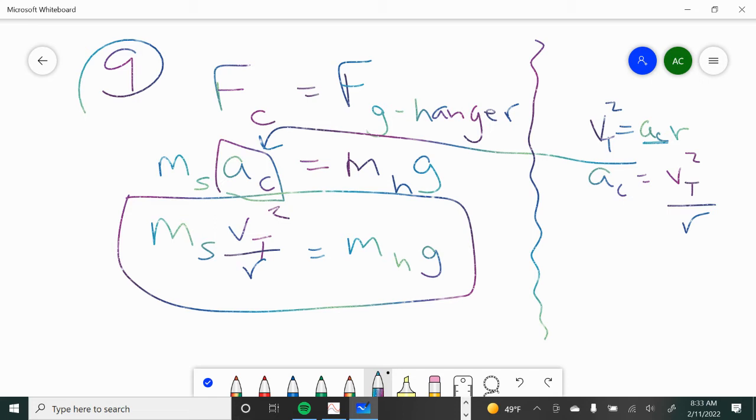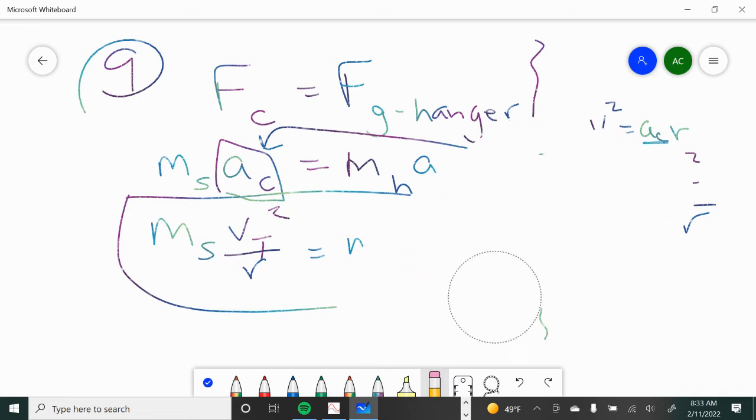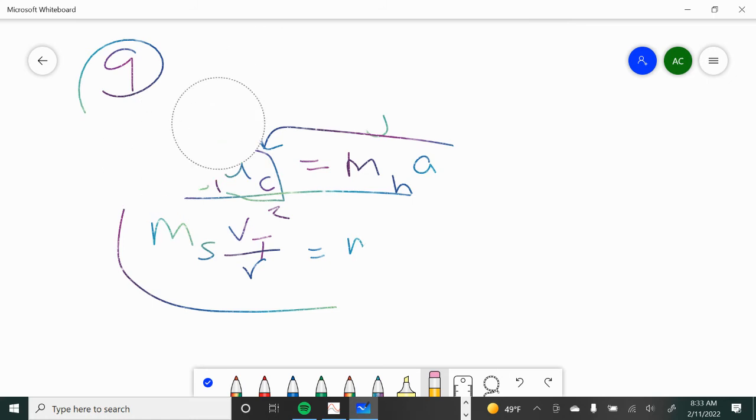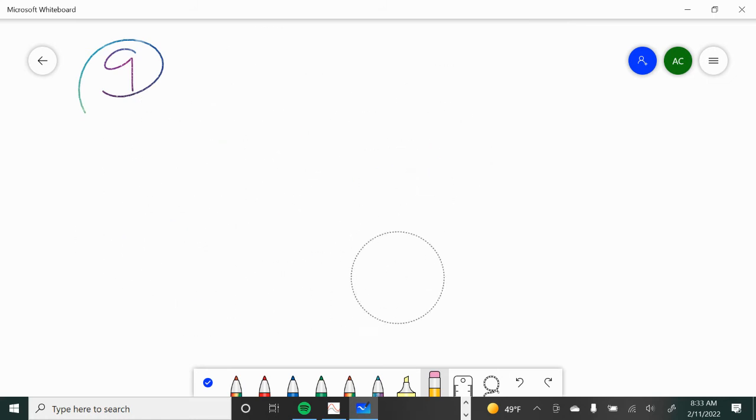Number 10 says rearrange your equation from step 9 to solve for the tangential velocity squared. Okay, so I'm going to give myself some space, and y'all on a paper somewhere, because you need some space, are going to solve that equation from number 9.